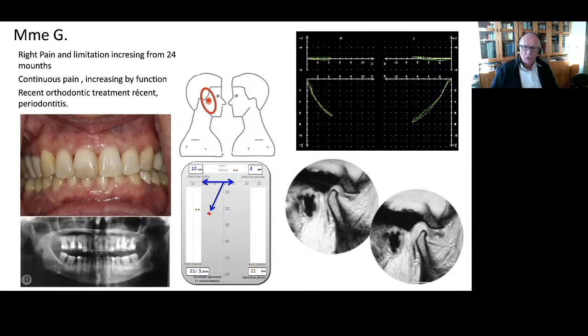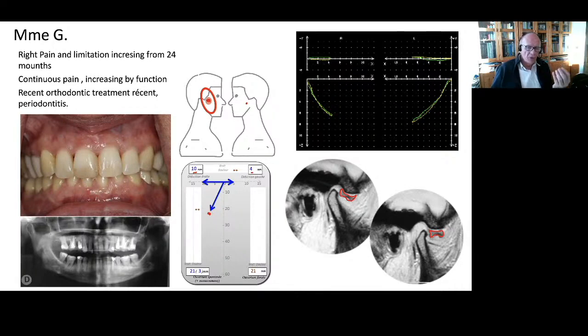The lateral occlusion on right side is normal because the left joint is normal. The lateral occlusion on the left side is limited because on the right side we have a disunion, total disunion on closing position and total disunion on opening. That means a total disunion without reduction.